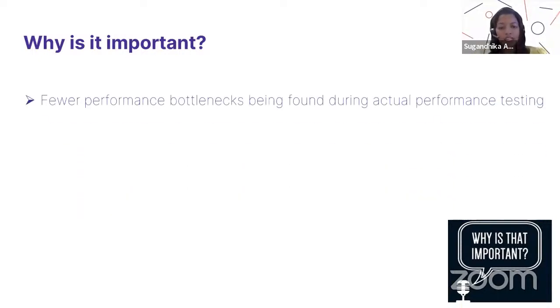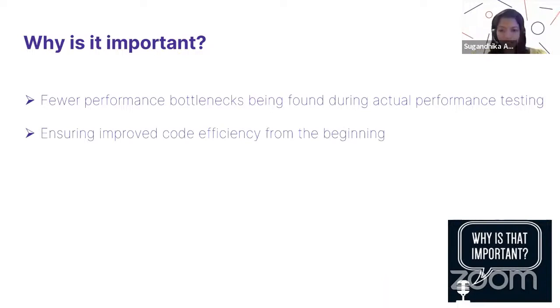If we talk about why early performance testing is important, there are various reasons. It will help to identify performance issues in the early stages, and at the time of the actual performance test we could expect fewer bottlenecks being found.